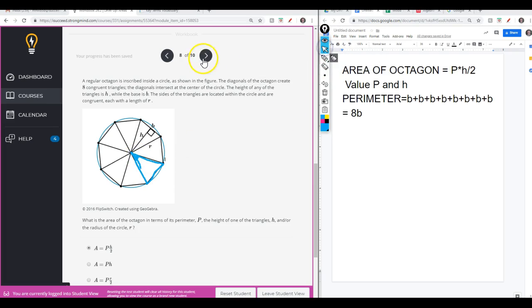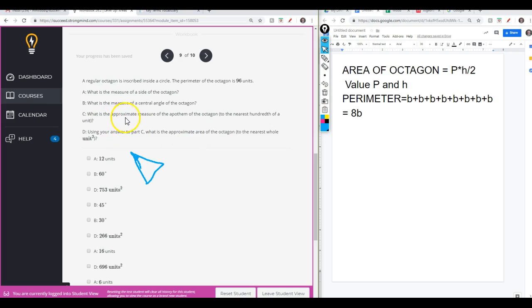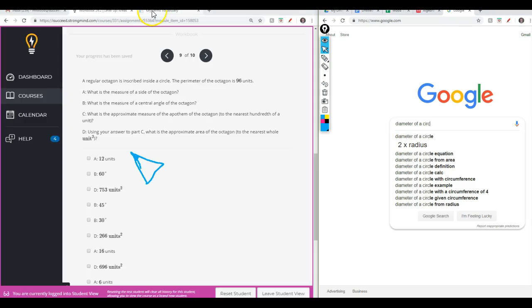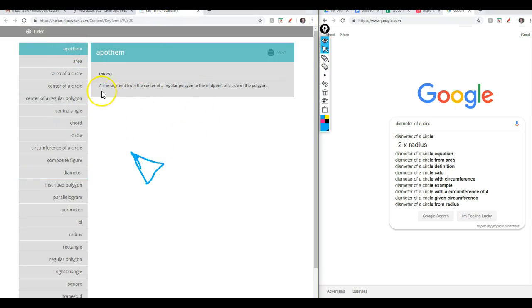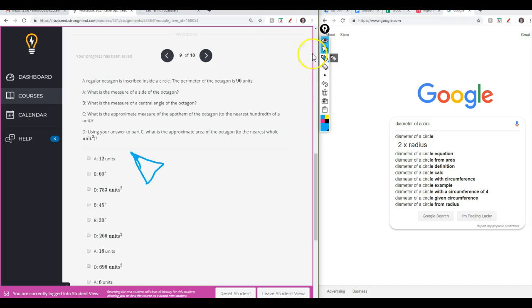And then the other one is, what is the approximate measure of the apothem? You could use key terms right here. It is a line segment from the center of a regular polygon to the midpoint of a side of the polygon. So that's pretty much the height.